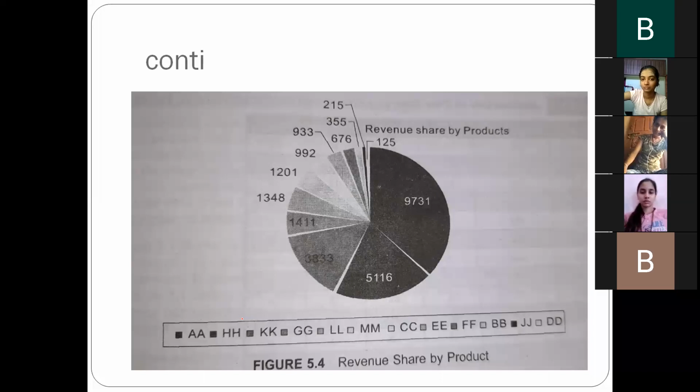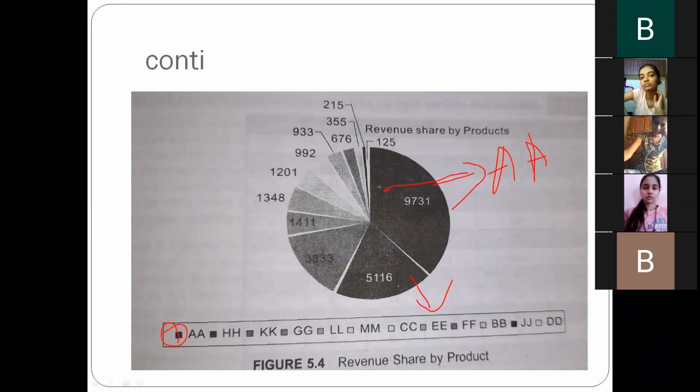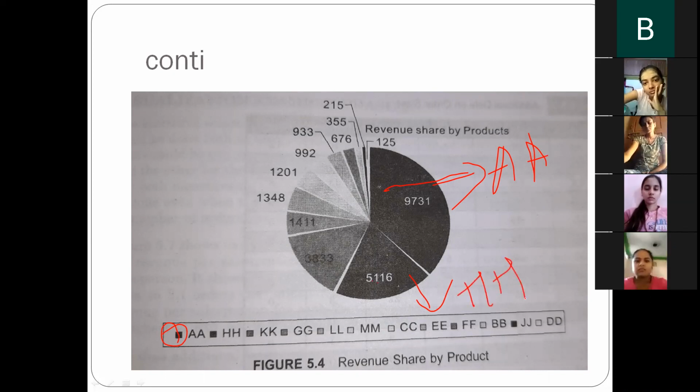See here, AA is almost 50%. Next, HH is this much. Which is the highest one? AA is the highest revenue. AA is going to produce the highest revenue in the market. Next highest is HH, the next highest revenue production. Like this it is going to show.